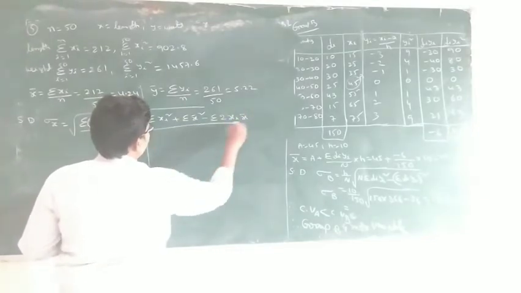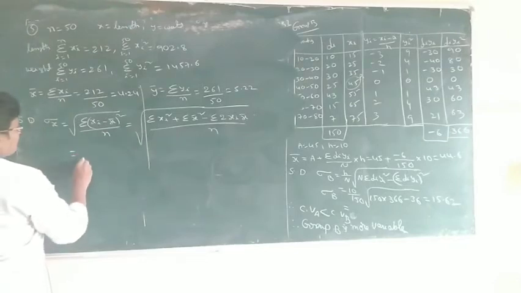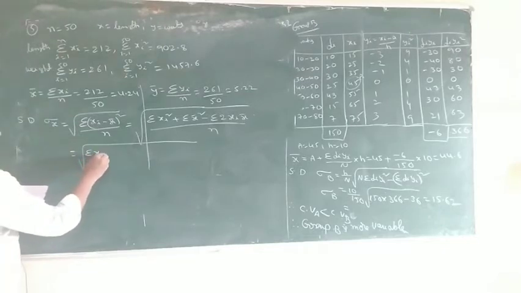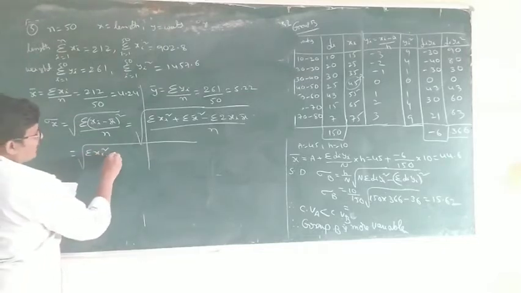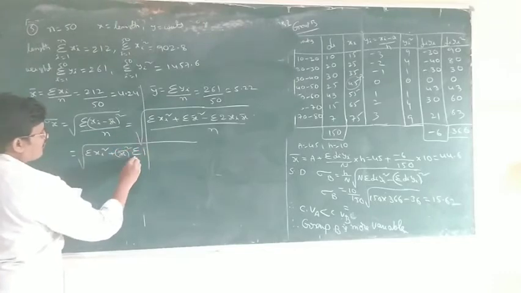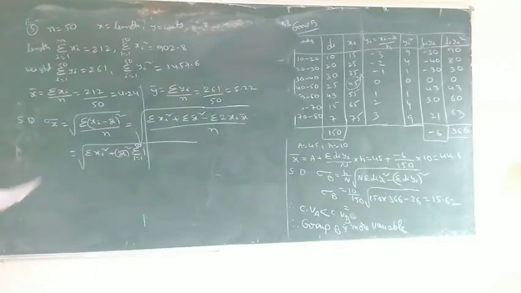By small n. So that is equal to root of Σxi square plus x bar, a constant, into Σ1 with i equal to 1 to 50. Σ1 with i equal to 1 to 50 means Σ1 value 50.